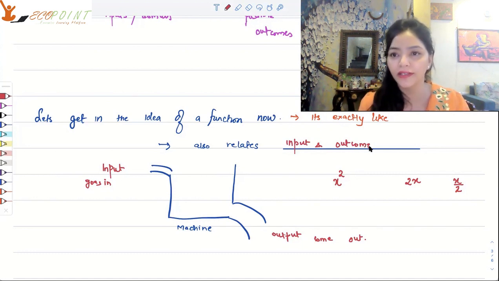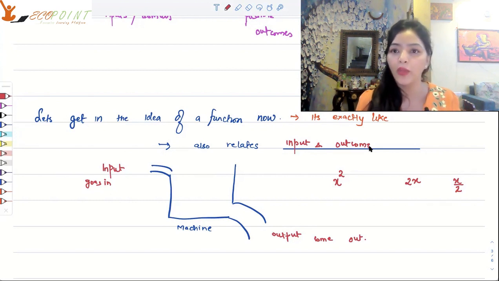Why not just call it a relation? The thing is that a function needs to provide you an output or outcome which is unique in nature. So when you put 2 as an input, you get a unique value 4. When you put an input 3, you get a unique value 9. That's what is very, very important.